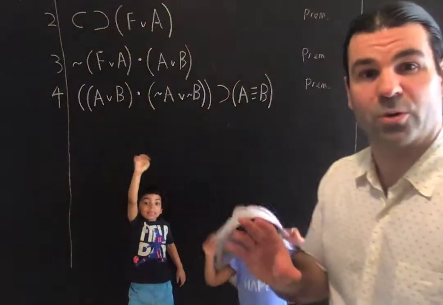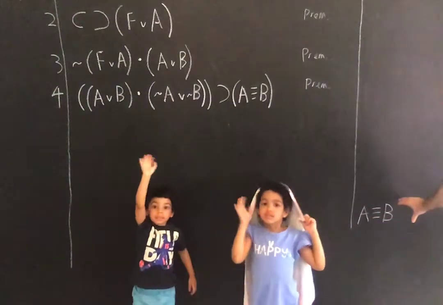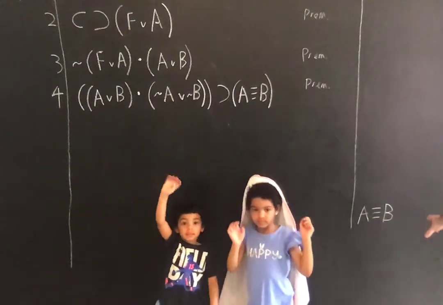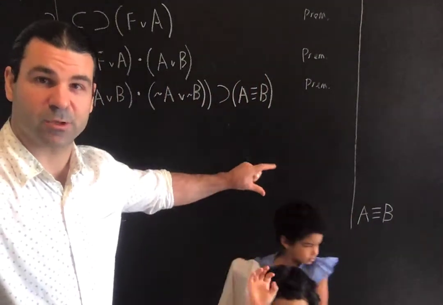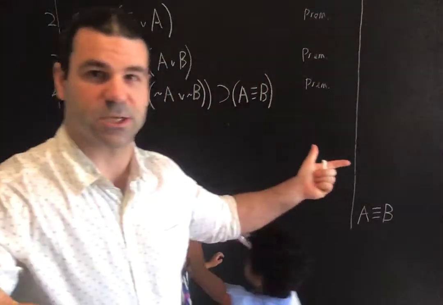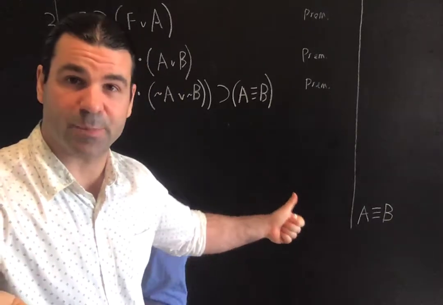Okay, so working backwards, right? The method is you look at your conclusion, and there are 2 questions to ask yourself. What is the form of this conclusion? It is a biconditional.